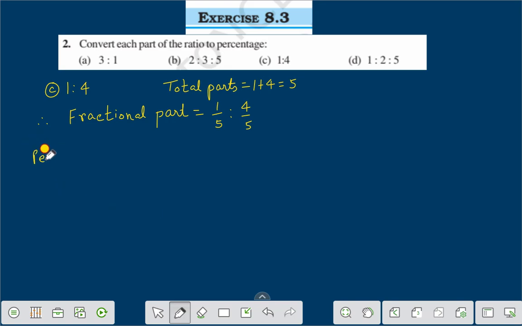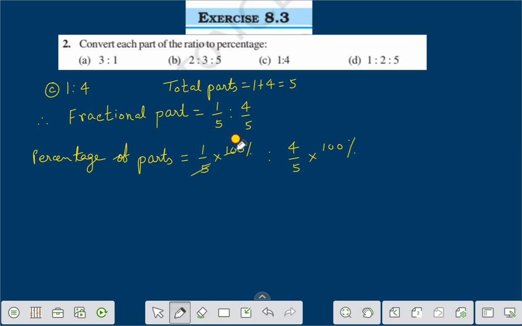Percentage of parts is equal to 1 by 5 into 100% is to 4 by 5 into 100%, right?